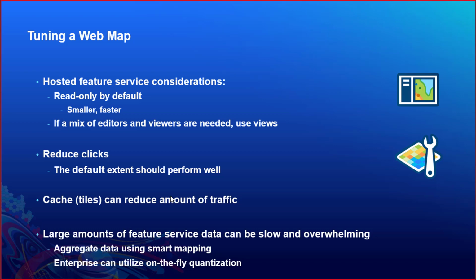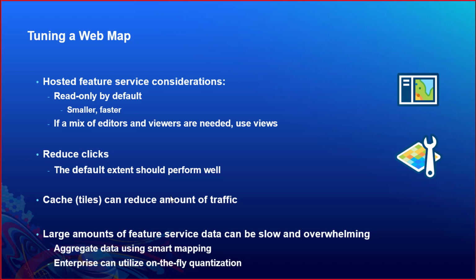Large amounts of feature service data can also be an issue. Sometimes you can be asking for hundreds of thousands of points, and that it's just too hard to understand to the human eye, and it can hurt performance.